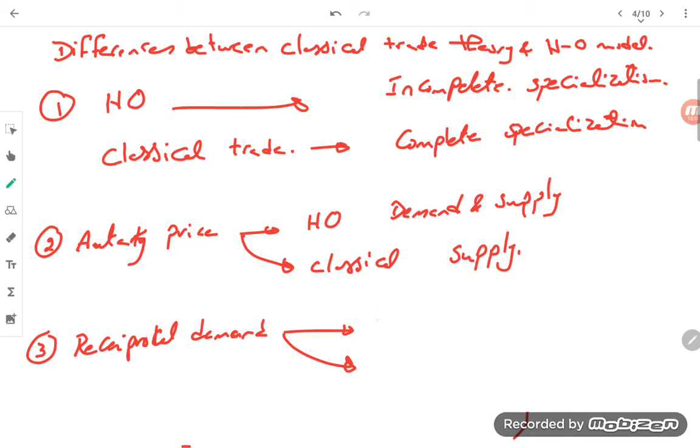It is determined in the case of the Heckscher-Ohlin model based on demand and supply, while in the case of the classical model, it's determined by the demand alone. So let's start with the classical trade model.